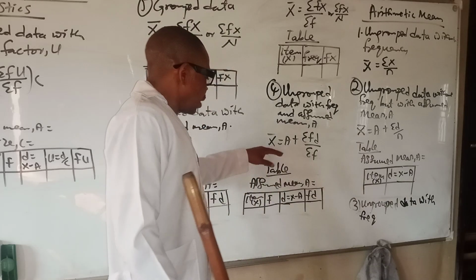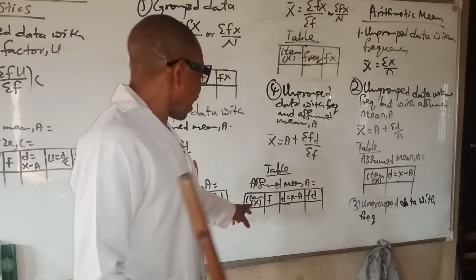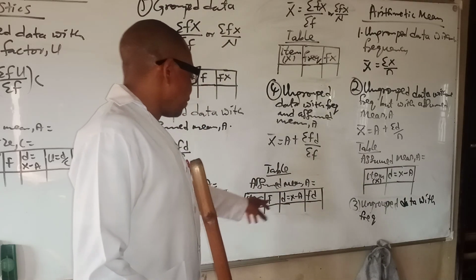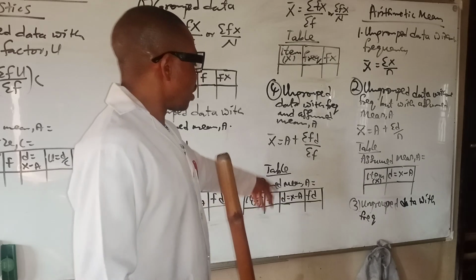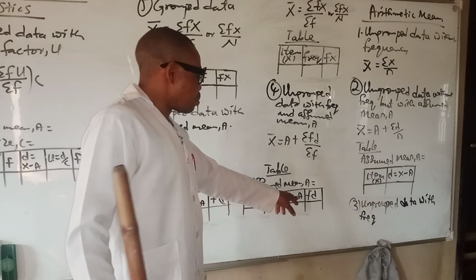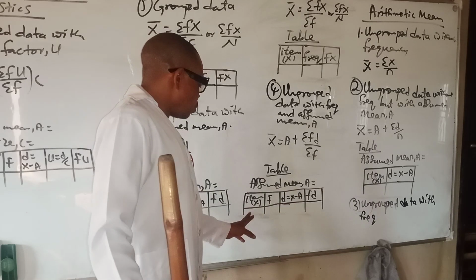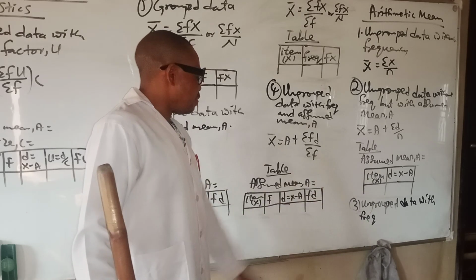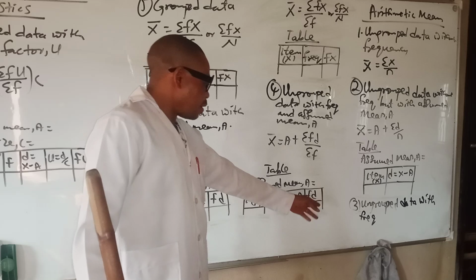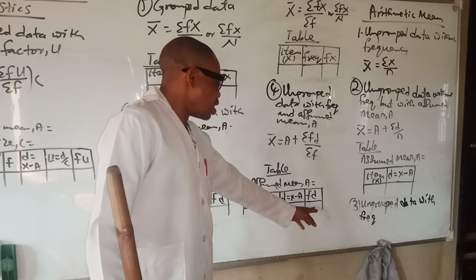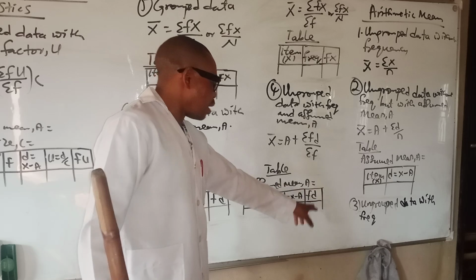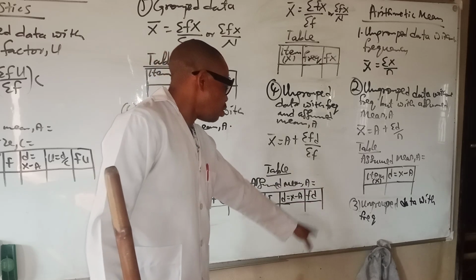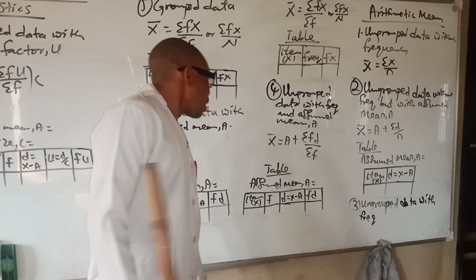The table for it is item representing x, followed by f. The third column is d, calculated using x minus A, the constant A given in the question. The fourth, the last column, is fd, where we get summation fd.